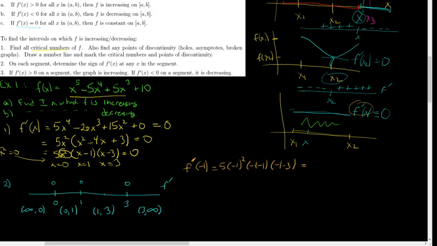So 5 times negative 2 is negative 10. Negative 10 times negative 4 is positive 40. That's a positive number. So when x is negative 1, it's going to be positive, and I assure you it's going to be positive everywhere less than 0. If I had chosen negative 2 or negative 500, I wouldn't get the same number, but it would be positive. And that's all that matters here, right?